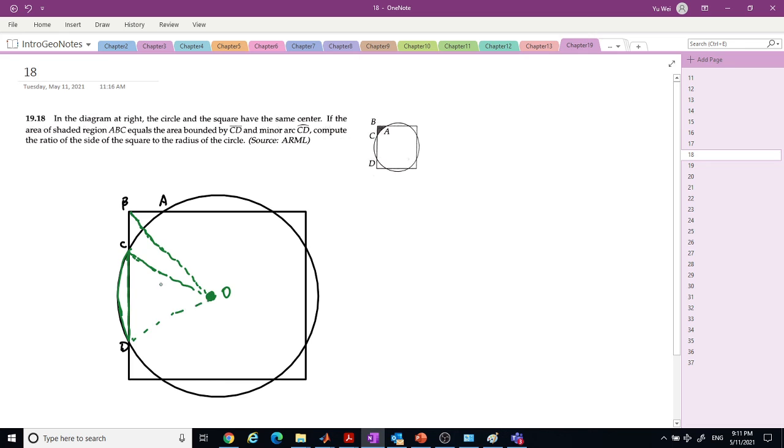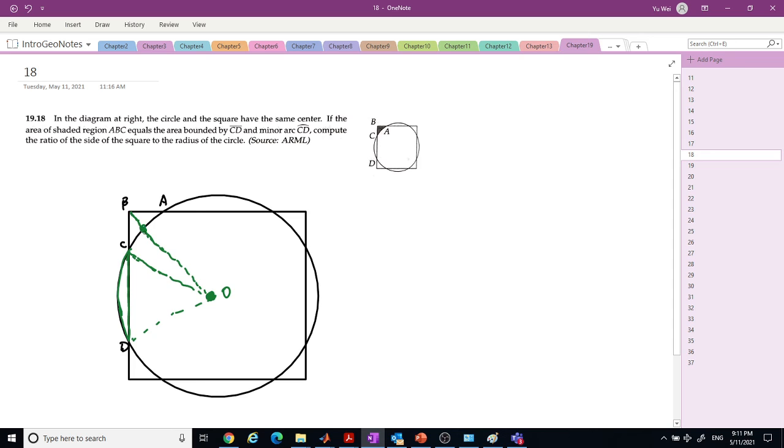If this is the sector, you can take out the triangle CDO and calculate this area. But now let's think a little bit more.